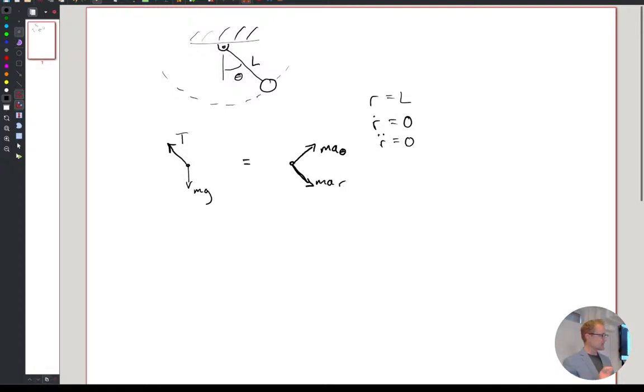And those accelerations, I can always look them up. They're always the same definitions. A theta is r theta double dot plus 2 r dot theta dot. So in our case, this one's going to be 0. A r is always r double dot minus r theta dot squared. And that one's going to be 0 as well.